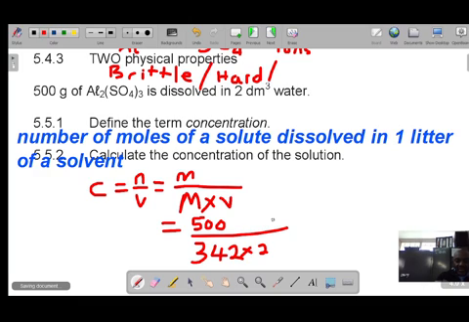So what's our answer, guys? Let's check it out here. I have 500 divided by 342 times 2, which gives me 0.73 moles per decimeter cubed.